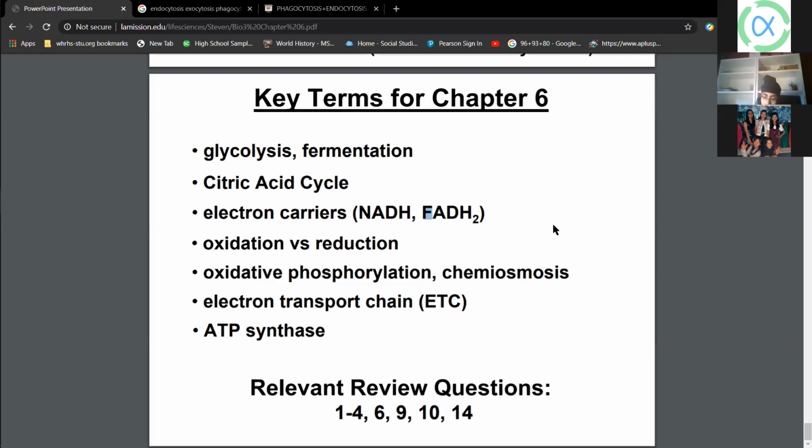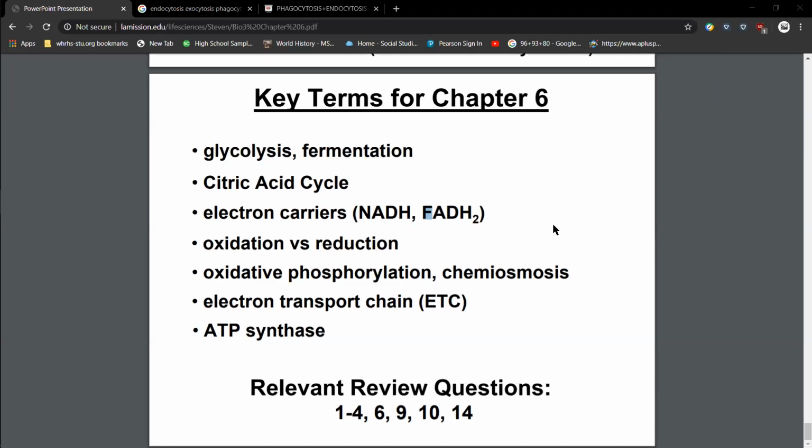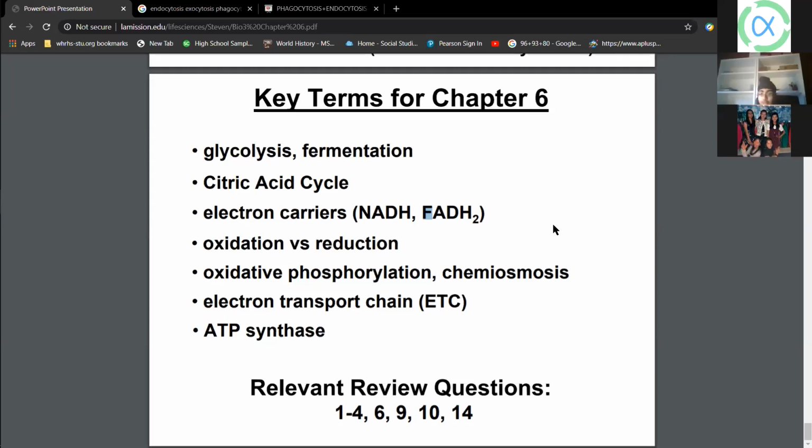The electron transport chain. Anybody have a sentence for that? Okay, so the electron transport chain is pretty much when electrons are transported from the NADH and FADH2, and the final electron acceptor will be oxygen, and this actually creates the energy for the hydrogens to be pumped to one side.